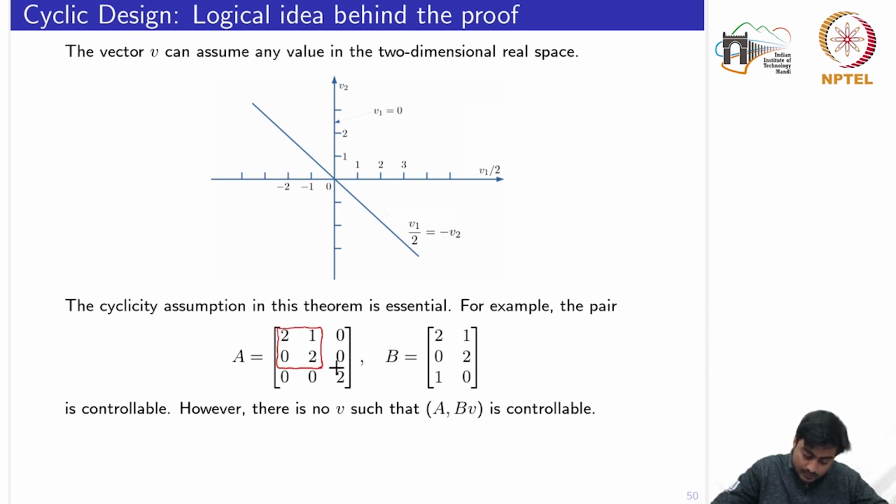One block is this one, another block is this one. So here, although the pair A comma B is controllable, the matrix A is not cyclic. So for any V, there is no V such that you can make A comma B times V controllable. So we need the controllability of this pair to carry forward our design of the gain matrix K.